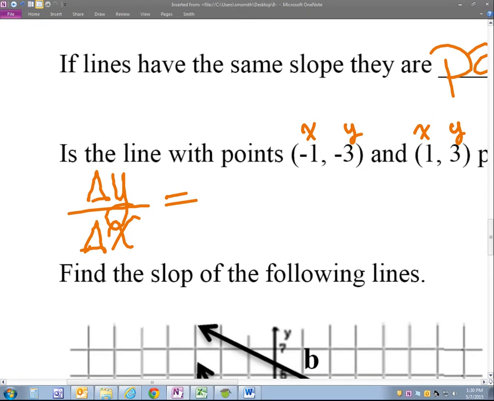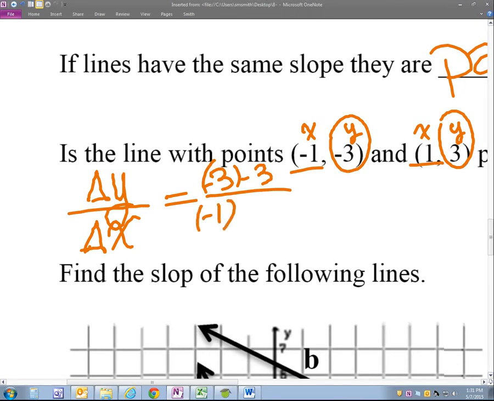Okay, good. So I'm going to take my change in y. I'm going to subtract 3 from -3. We have -3 minus 3. That's my change in y. My change in x is going to be -1 minus 1.